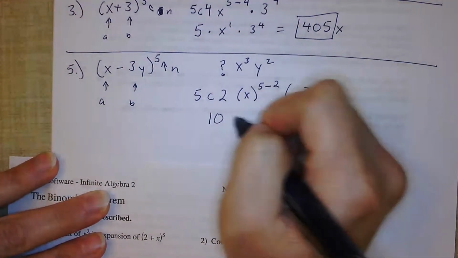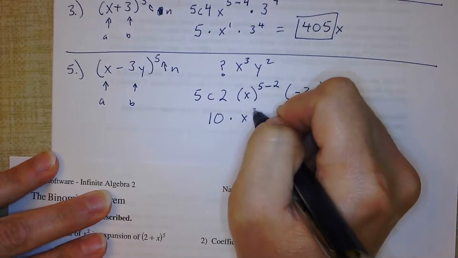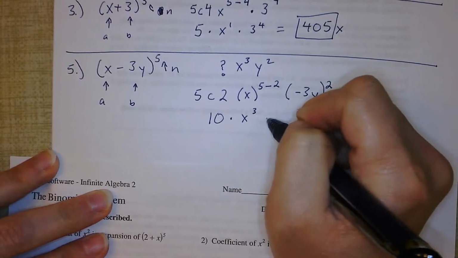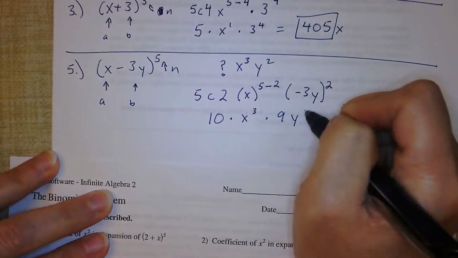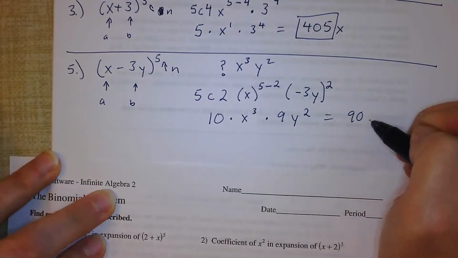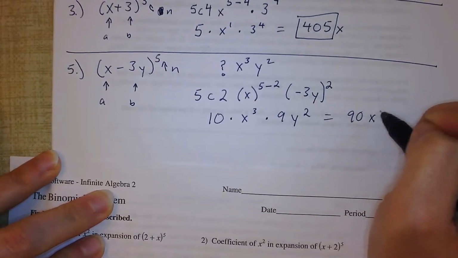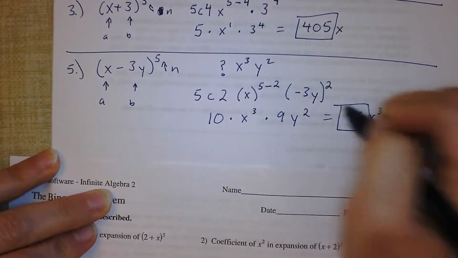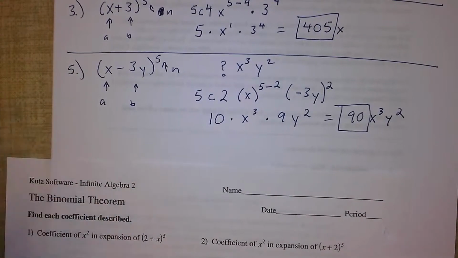So I've got 10 times x cubed. And now when I square negative 3, I get 9. And then square the y, I get y squared. And when I multiply this all together, I'm going to get 90 x cubed y squared. But again, they only want the coefficient. So I only need the 90.